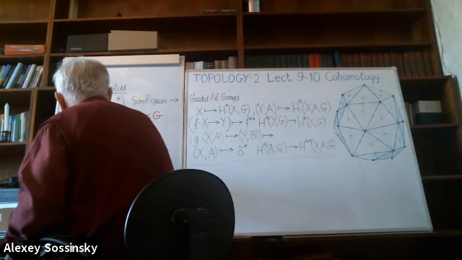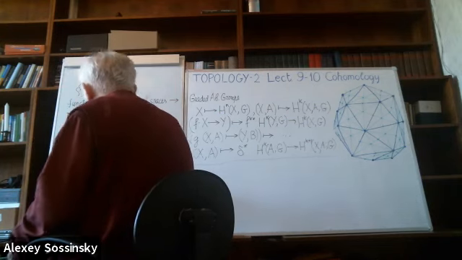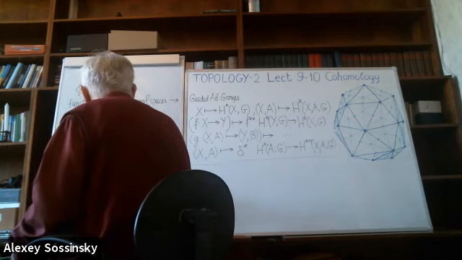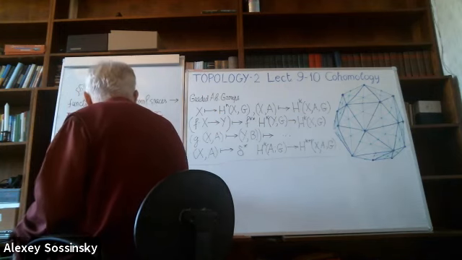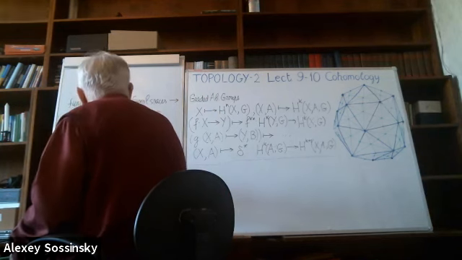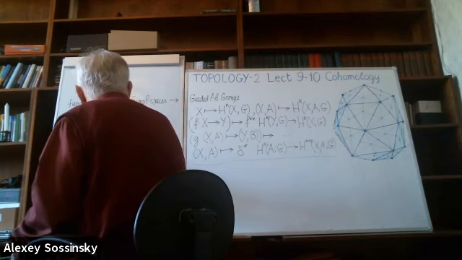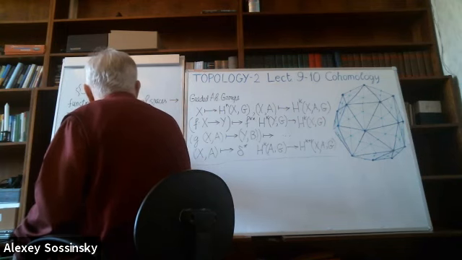I won't write the index. Here we have this arrow, which is f restricted to B, the whole thing, star, k star.